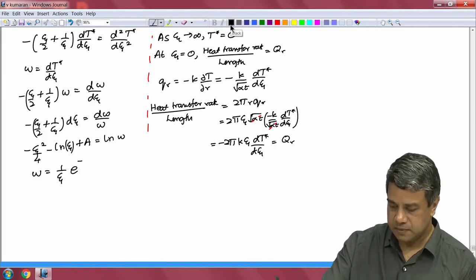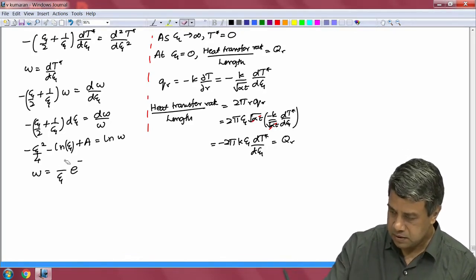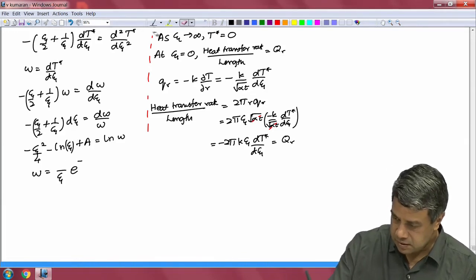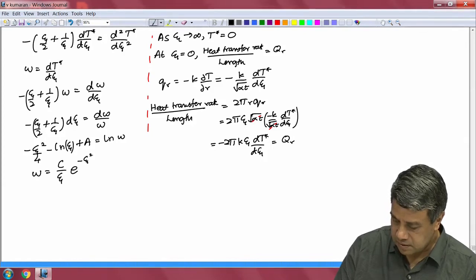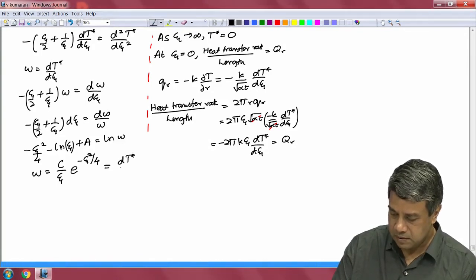If you exponentiate the constant of integration, you get another constant. So, you will get W is equal to C by psi e power minus psi square by 4, and this is equal to dT by d psi.